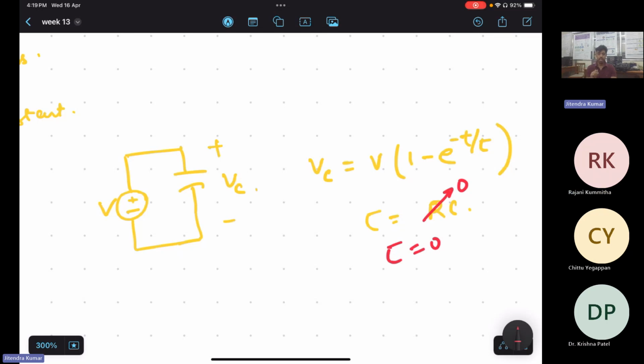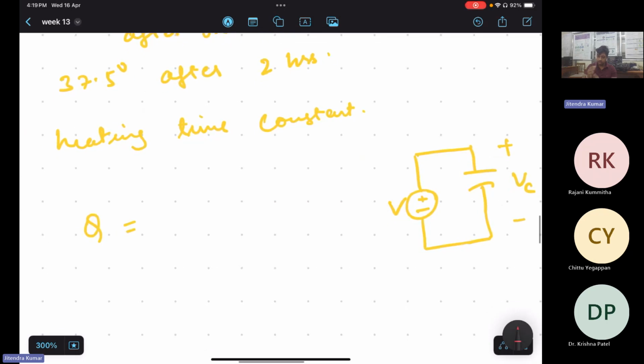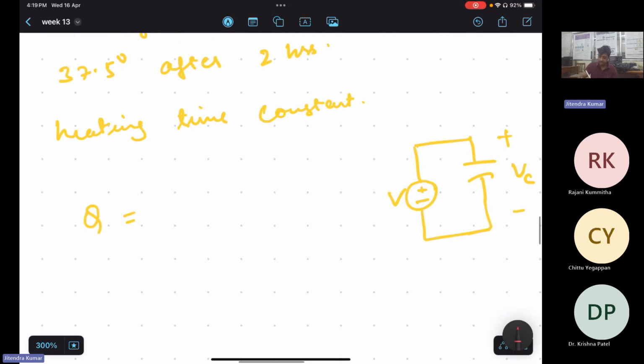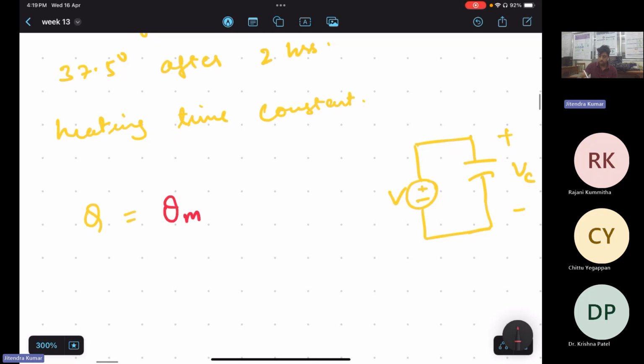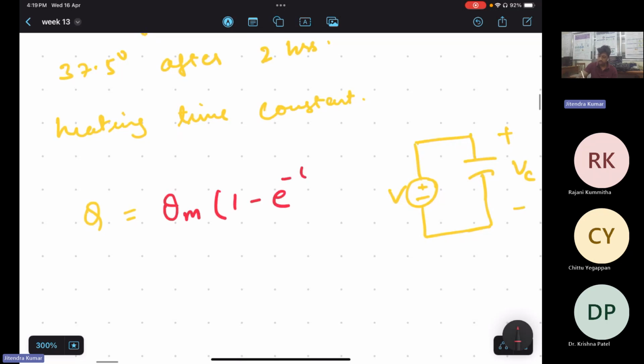Similarly here, always try to relate the thermal thing to the electrical equivalent. So how will this temperature theta reach its maximum temperature? Theta is equal to theta maximum times 1 minus e raised to power minus t by tau. This tau we have been asked to calculate.